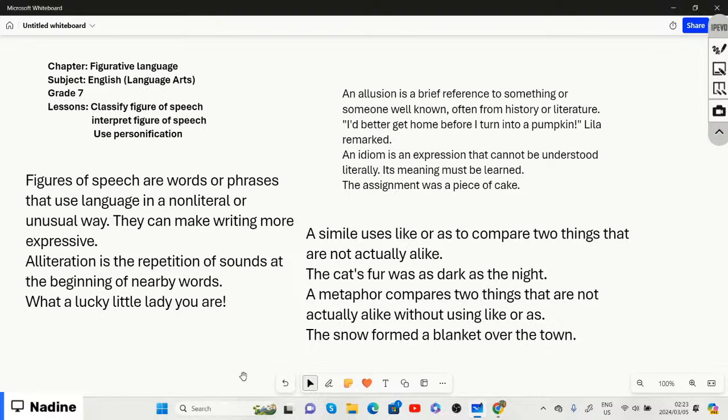All right. So we see that our chapter is figures of speech, grade 7, and we have so far gone over how to classify figures of speech.